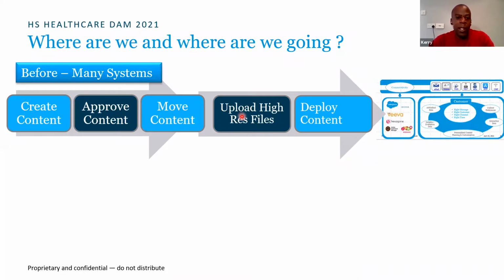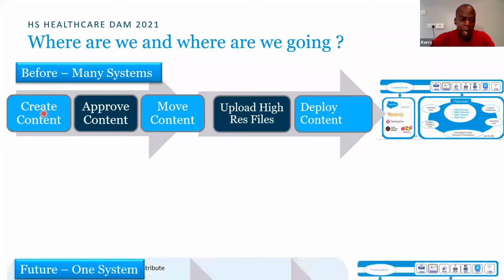And if it's a website CMS, you've got to put the high-res file there. And if it's a detail aid that you're making, you've got to put that same high-res file into a different CMS. And then somewhere along the line, you've got to move that content again to the channel and then deploy it. So multiple systems, lots of time, and reinventing the wheel, creating the same content for different channels, which many of you are doing at the moment.